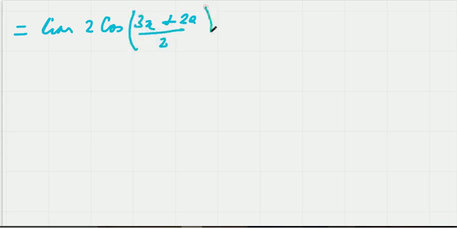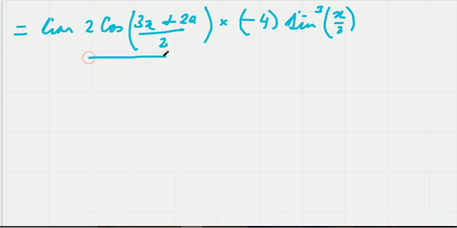Right. Now this leaves us with the limit of 2 cos((3x + 2a)/2) into minus 4 sine cube(x/2), this whole thing divided by x cube as x tends to 0.